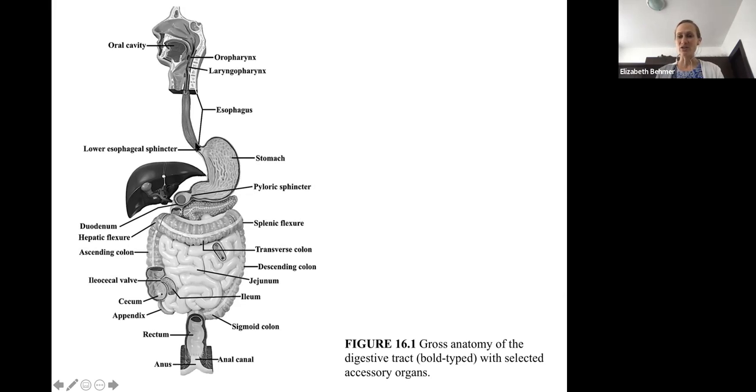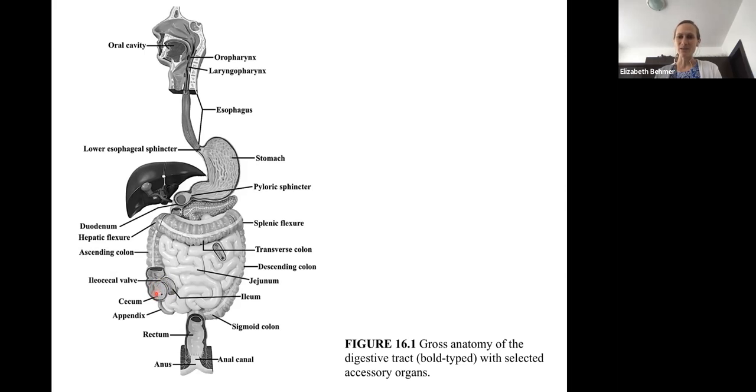The lower esophageal sphincter will open so that the bolus of food can enter the stomach, where it turns into chyme. Then that chyme will enter into the duodenum, the first part of the small intestine, through the pyloric sphincter, then heading through the jejunum, the ileum, through the ileocecal valve, which will open to allow the waste to enter into the large intestine or the colon.